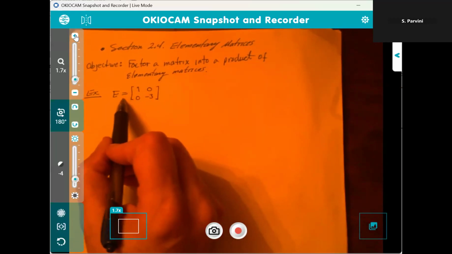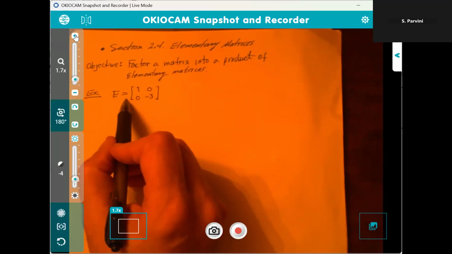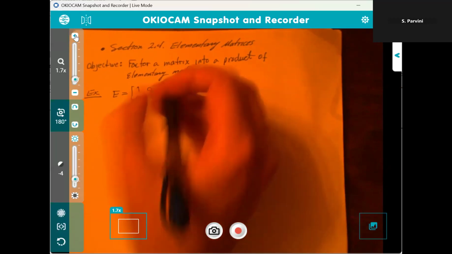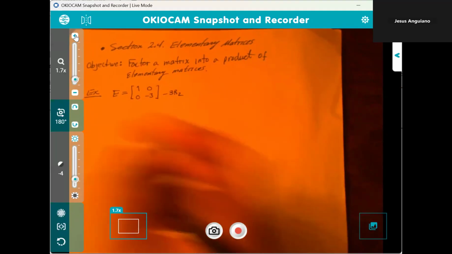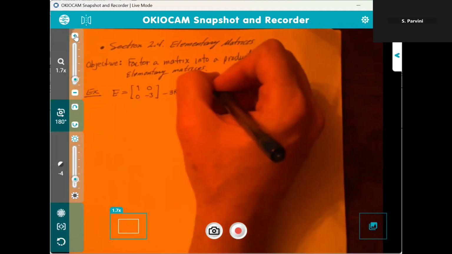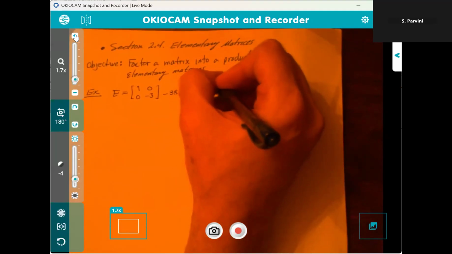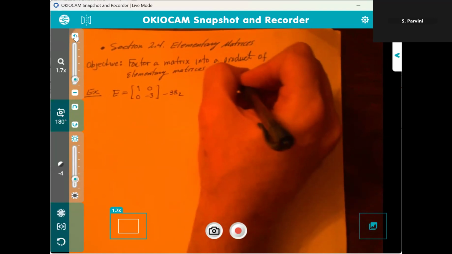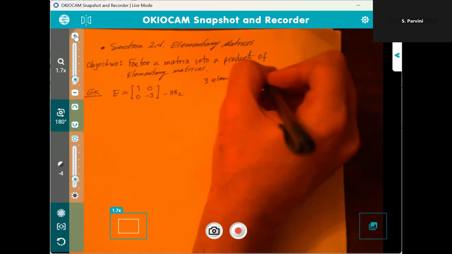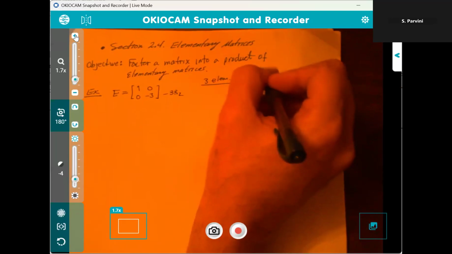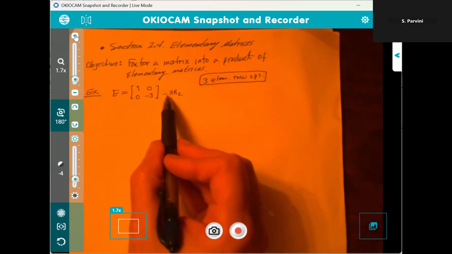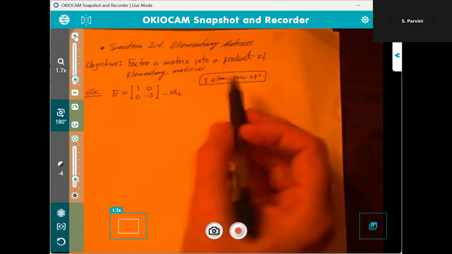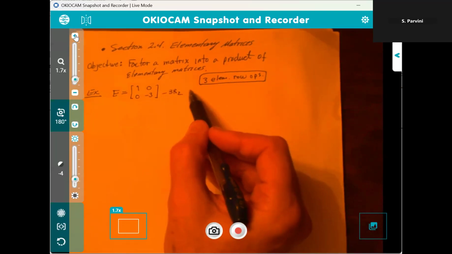So didn't I multiply the second row of the identity matrix by negative 3? Yeah, right. We've got to think in terms of those elementary operations. There are 3 elementary row operations: switching rows, multiplying a row by a constant, and adding a multiple of a row to another row.